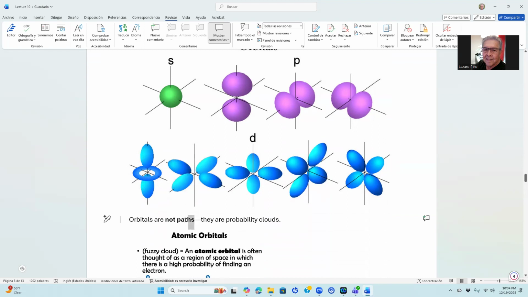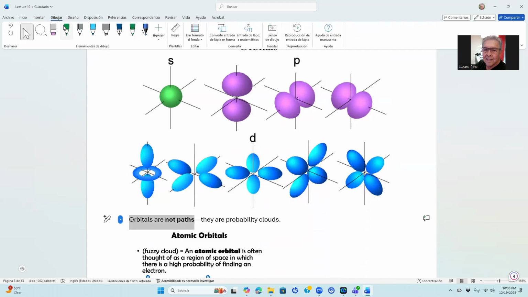Orbitals are not paths, and you cannot represent it as it was before, that this is the nucleus, and then in level 1, in this orbit, you can find the electron. No, that's incorrect. What is exactly the position of an electron? Where is it? In a cloud? It's a region of the space where it's probable to find the electron.